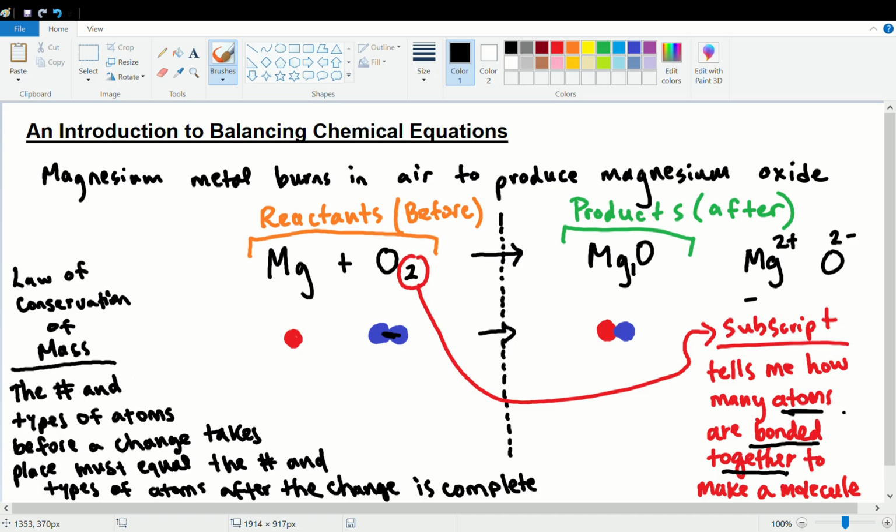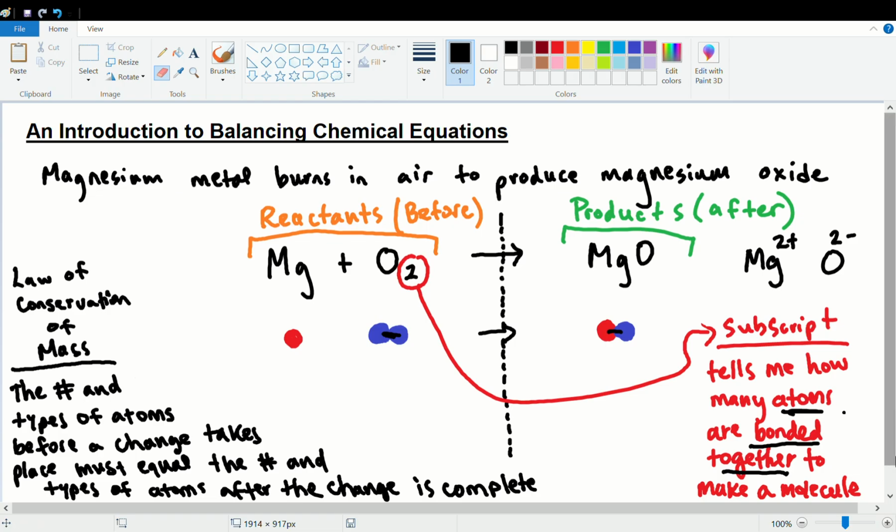And so we could think that there's an implied subscript, so there are these implied ones, which would represent the subscripts of Mg and O. And so I draw one Mg and one O bonded together, except conventionally we don't write the ones. So if the subscript is 1, we actually don't write the ones. And so I'm going to leave them off, but I just want you to know that there are implied ones right next to the magnesium and next to the oxygen.